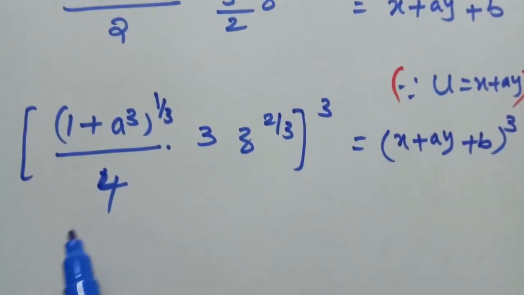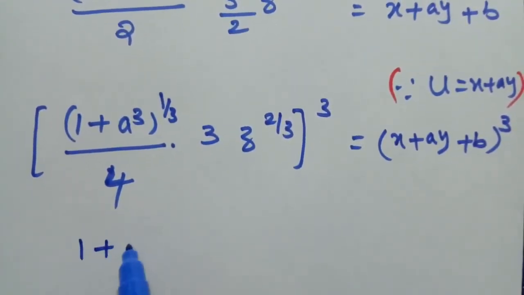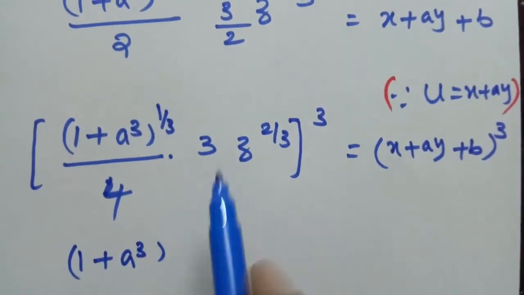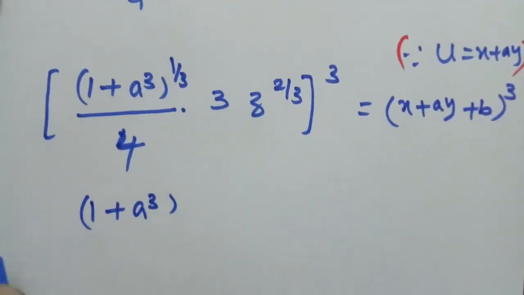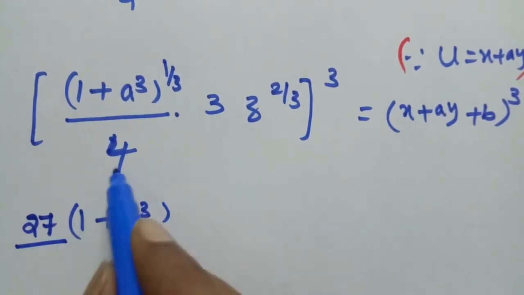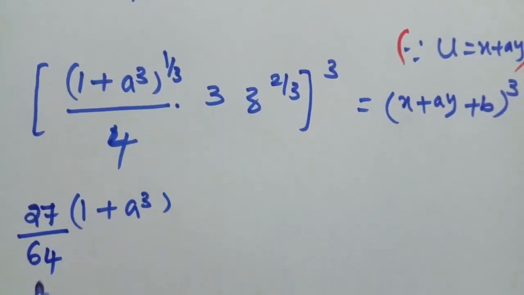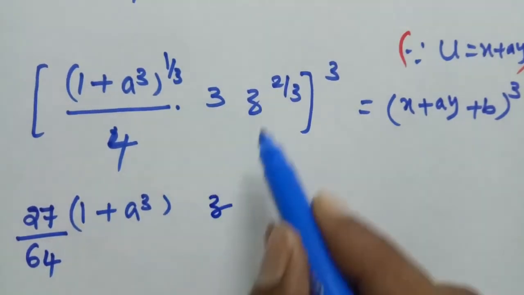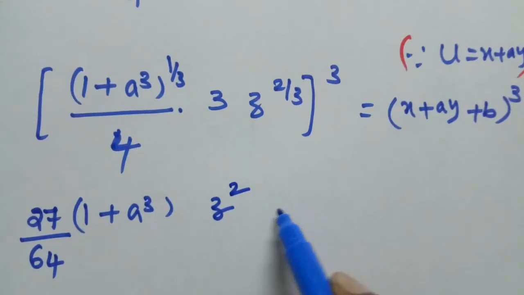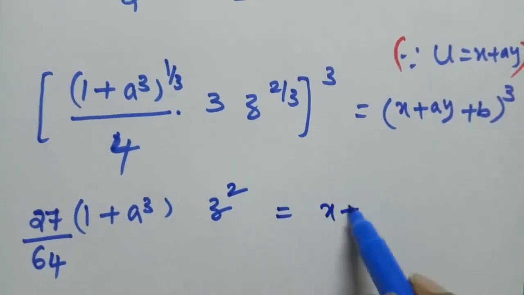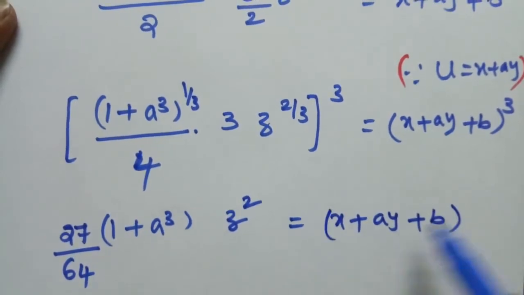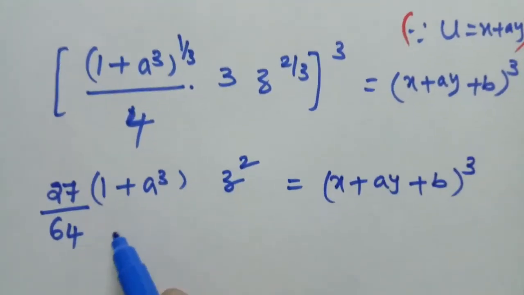Therefore, this is 1 plus a cube into 3 cube, that is 27, 4 cube, that is 64, into z power 2 by 3 whole cube, that is z square, is equal to x plus ay plus b whole cube.